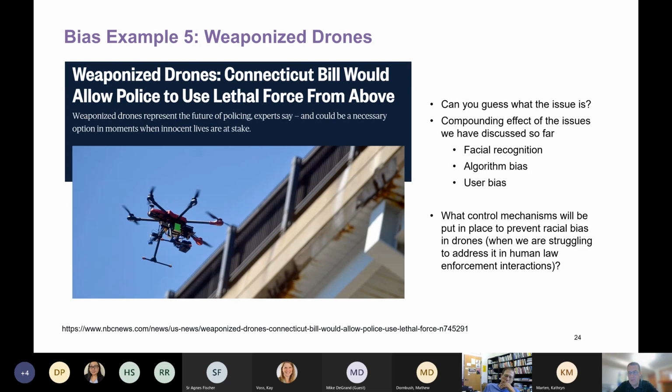Are the users going to be trained to not pull the trigger, or to double check and double validate? Well, they would only do that if they are in fact aware of these technology biases. And if they were aware of the technology biases, they should not be using the technology in the first place. So this is a real conundrum, another example of technology having moved ahead of our ability to properly regulate and put legal frameworks around that technology.